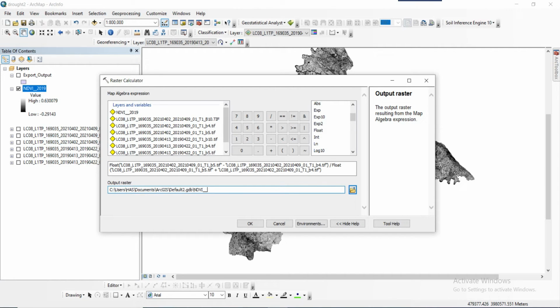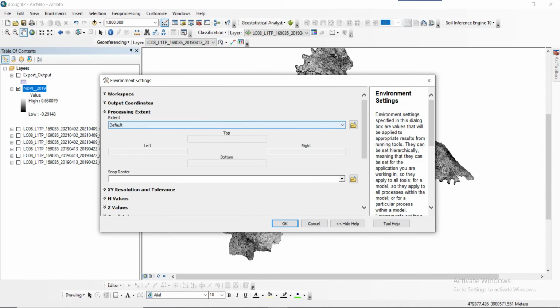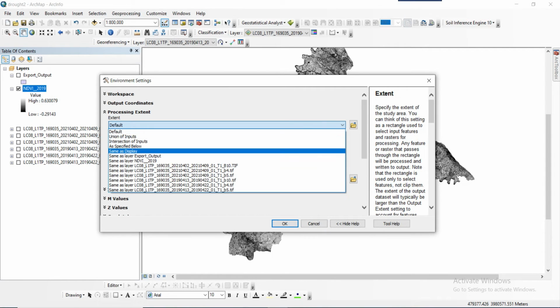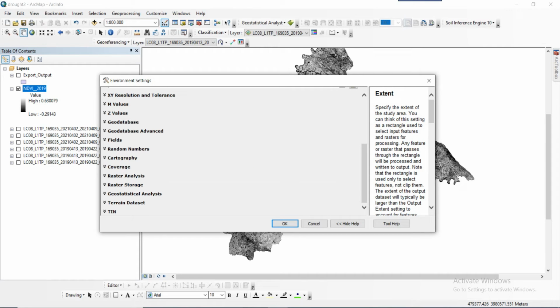We name it NDVI 2021 and use the environment to clip the NDVI image.